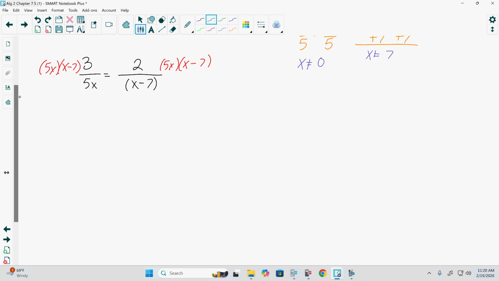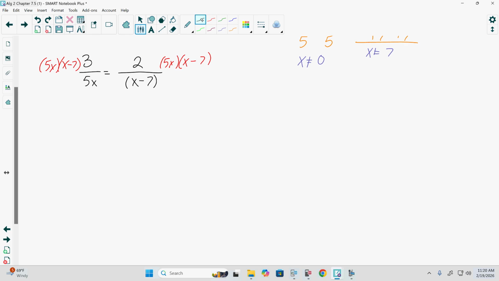Now from here, we can rewrite this again as 3 times 5x times x minus 7 over 5x. But we know on the left-hand side, the 5x and 5x will cancel.